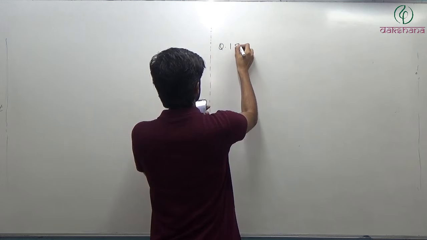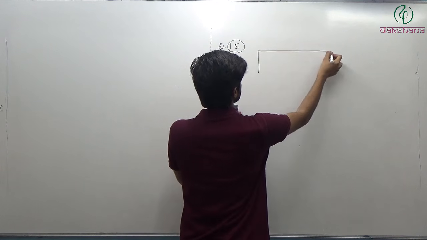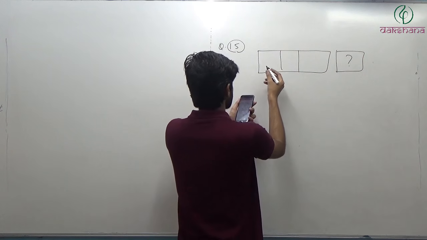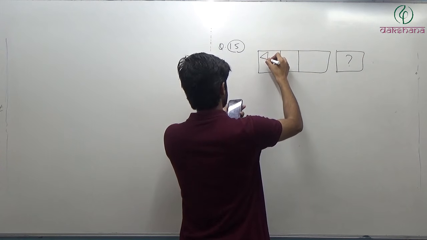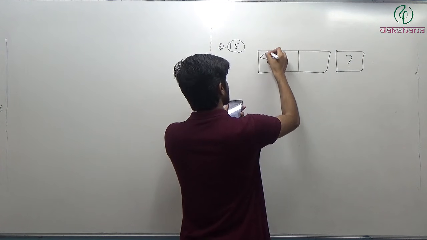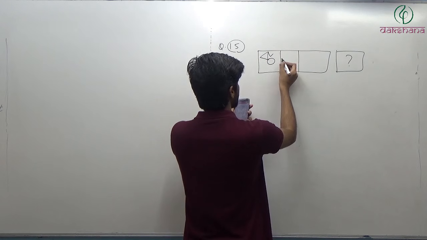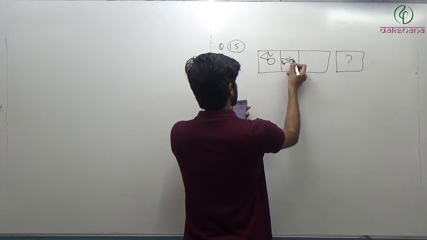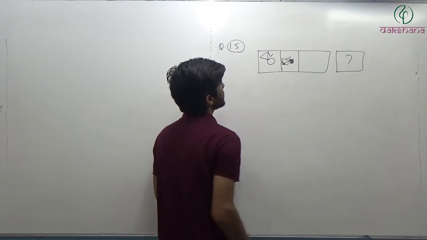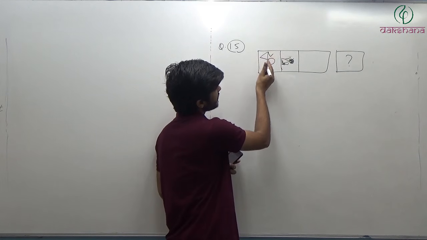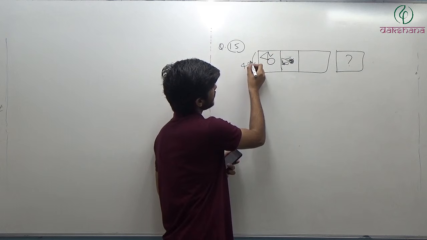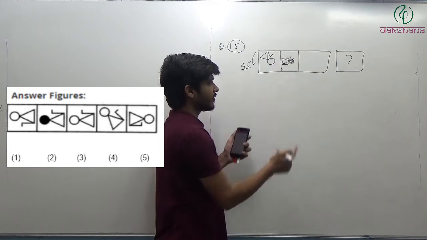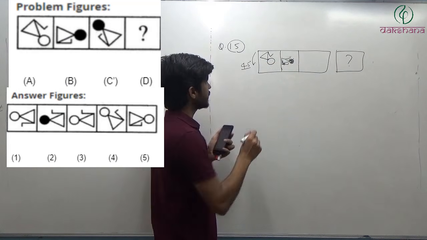Okay, question number 15. In the first figure they have a triangle, a circle, and this sign. In the second figure, a couple of things happened. This one is rotated anti-clockwise by 45 degrees, and this one, which was empty before, has now been filled with color.